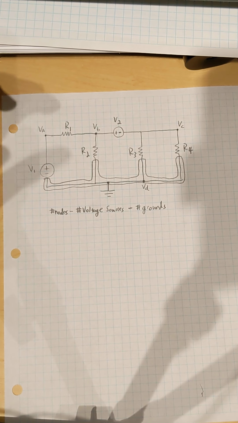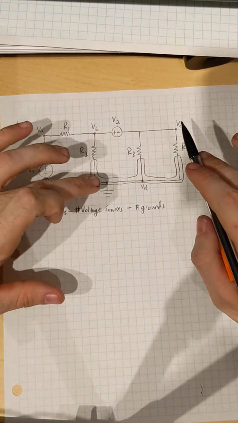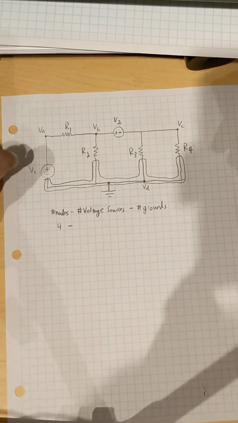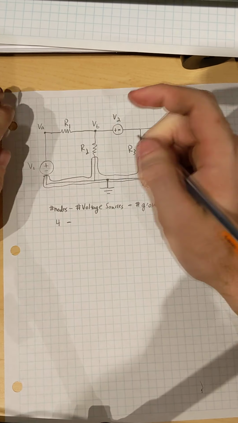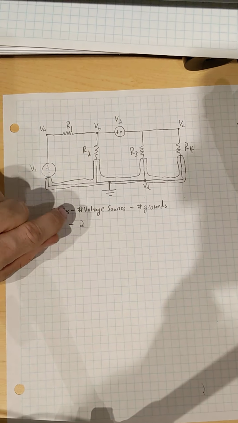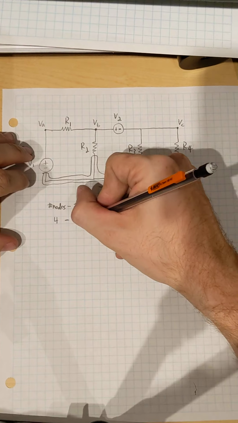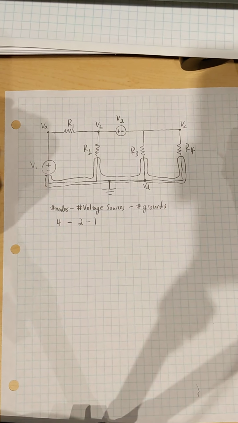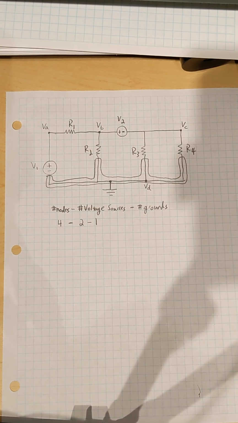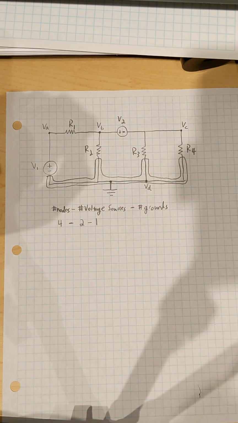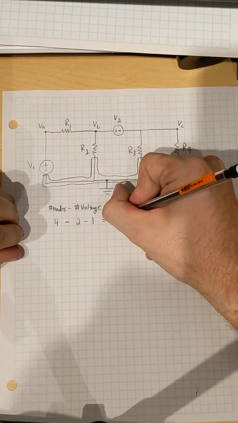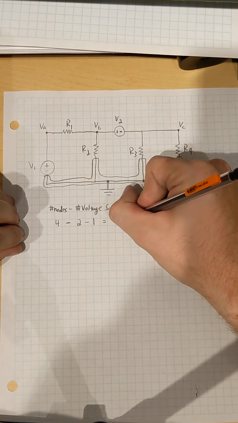So in this circuit, we have 1, 2, 3, 4 nodes, minus 2 voltage sources, minus 2, and then minus 1 ground, so minus 1. Sorry if the camera's shaky. It's not the most stable setup. So our total number of equations is going to be 1 equation.